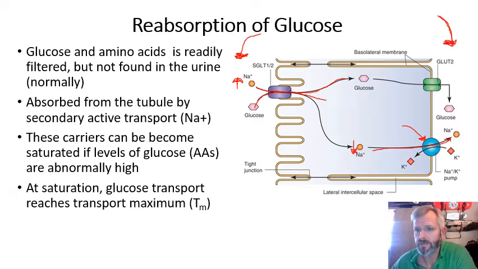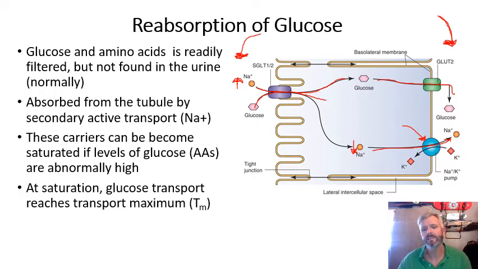As we keep loading up glucose, we can move it to this other side via facilitated diffusion. But again, this is all driven by the movement of our sodium potassium pump, keeping that gradient so we can move. If there's no gradient, we can't use this secondary active transport.